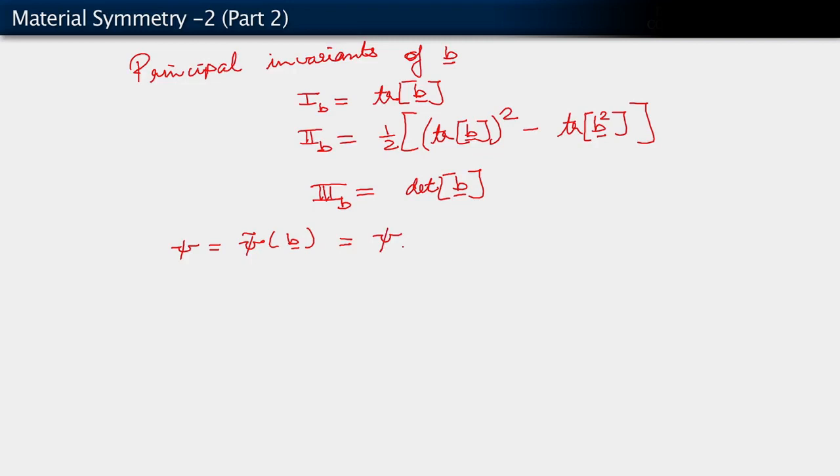I think I'm running out of ways to decorate psi. There are hats, there are bars, there are tildes. Let's just put 2 tildes. Okay, it must be a function of the principal invariants of B.